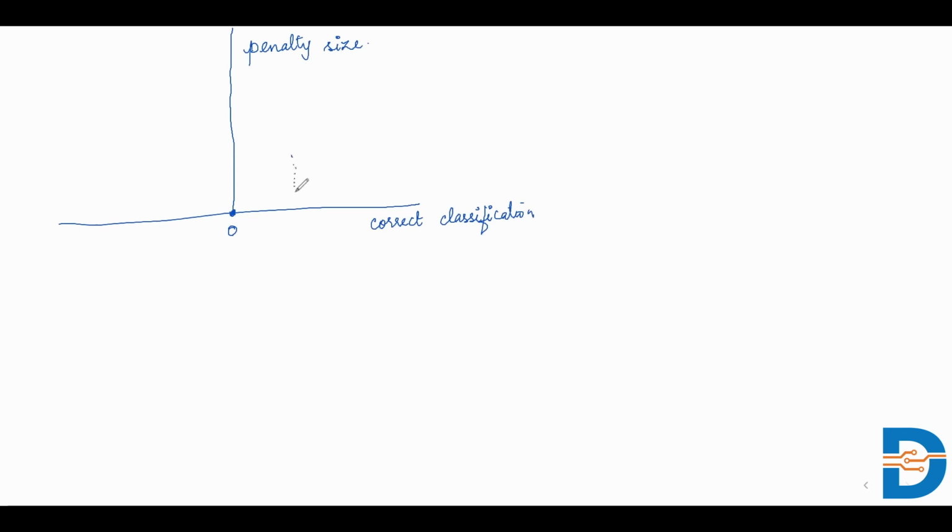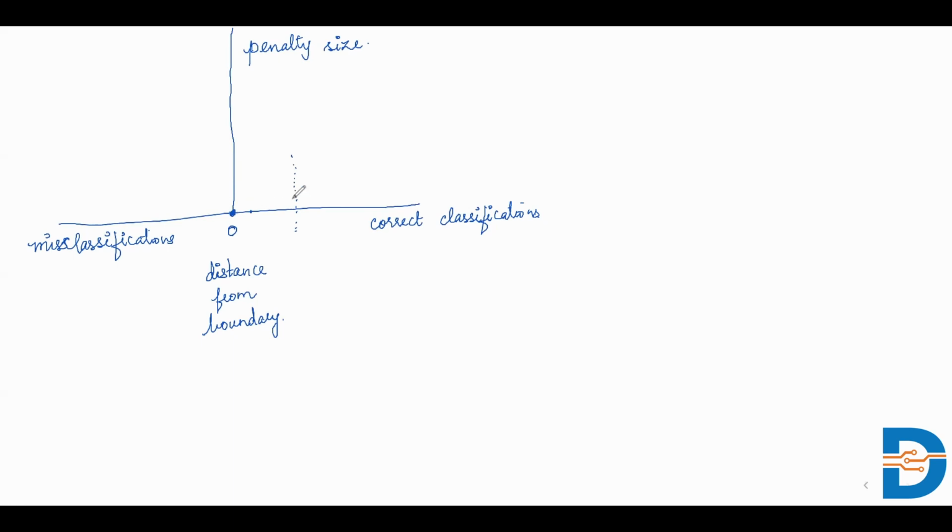This is the expected marginal distance, so this much distance should be there from the hyperplane. Here, let's say we have misclassification. Assume there is one data point which is correctly classified, because as you can see, this data point comes on this side. All the data points here are correct classifications. But if you see the distance, let's assume this is the distance from the boundary, or from the hyperplane.